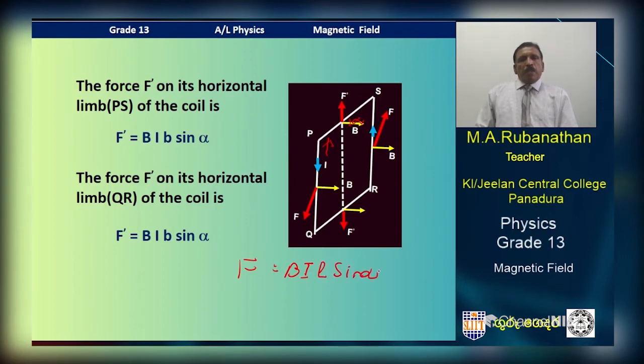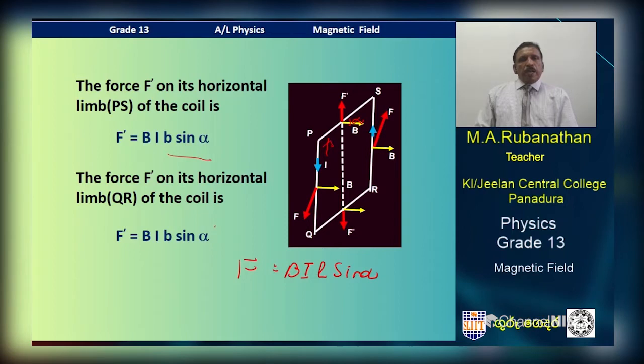So directly we can apply this, only L is equal to B. So here we write that force F dash is equal to BIL sin alpha.